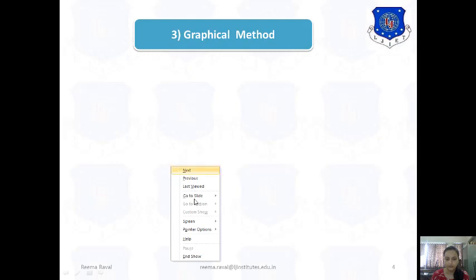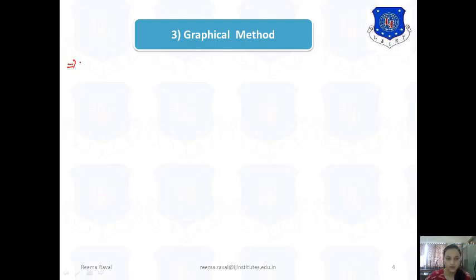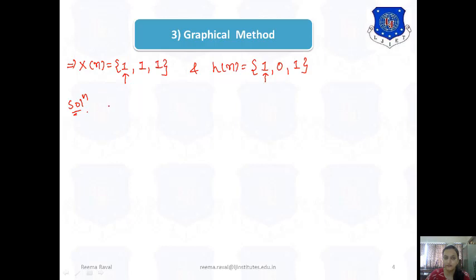In the graphical method, the example which we saw in the previous session has the data where x of n was 1, 1, 1 and h of n was 1, 0, 1. For this we have defined the range of n and k.